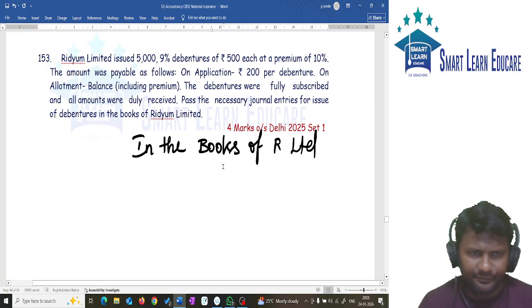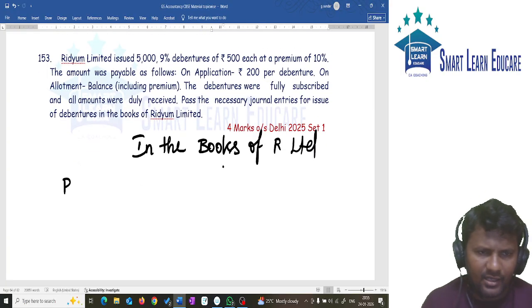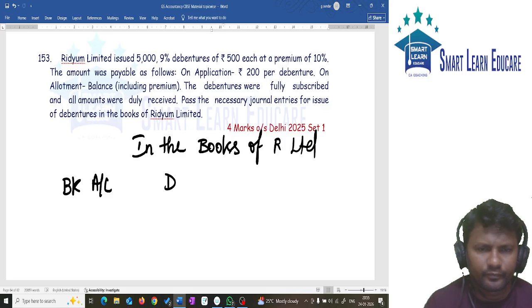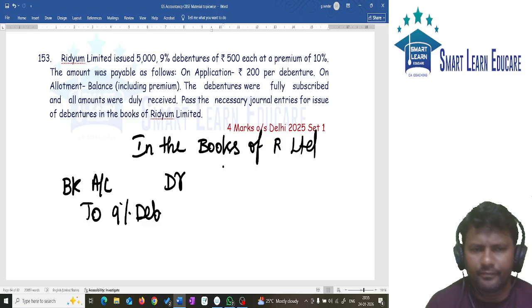First entry, bank account debit. It is similar to shares. Bank account debit to 9% debentures application.